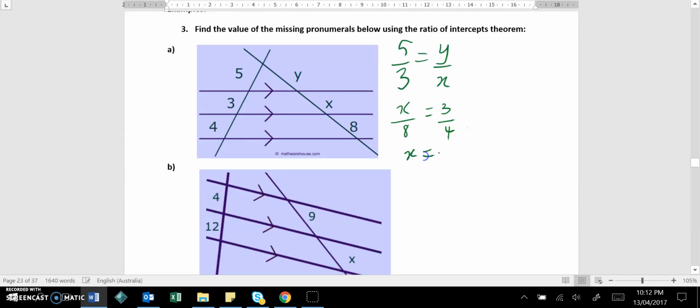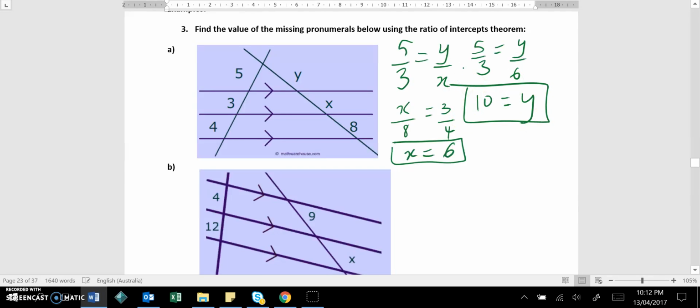So x equals 6. Okay, because if I times 3 by 8, I get 24, and 24 divided by 4 is 6. So that's one answer. Then plugging that in, I get 5 over 3 equals y on 6, times both sides by 6, and you get y is equal to 10. Okay, so those are my values of x and y there.